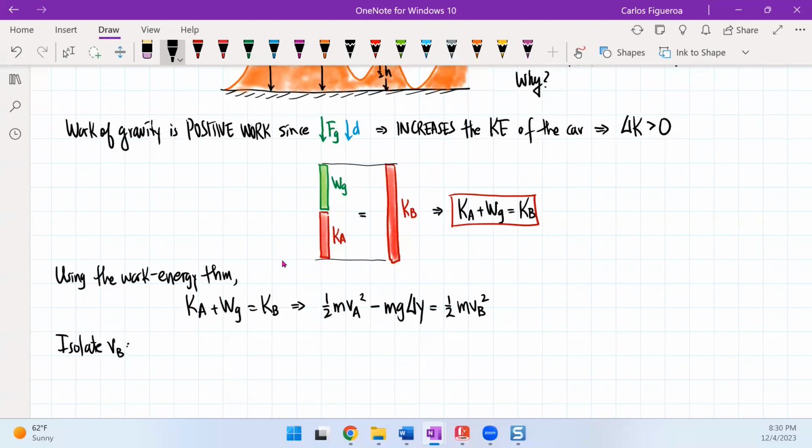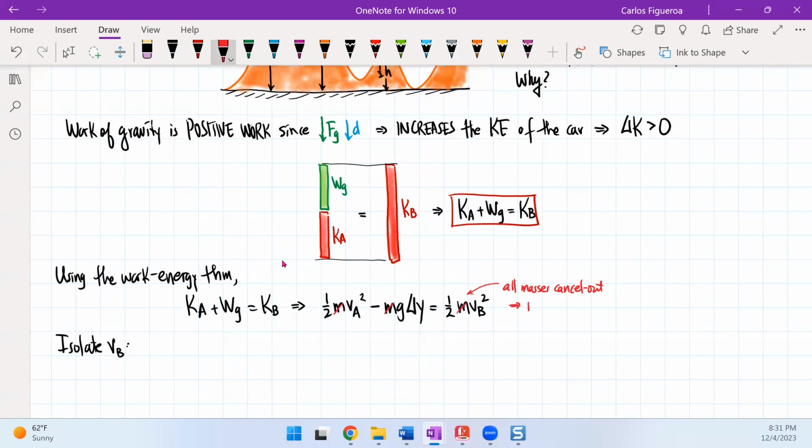If I do that, I'm going to divide both sides by 1/2 m. The first thing I would note is that all the masses cancel out.